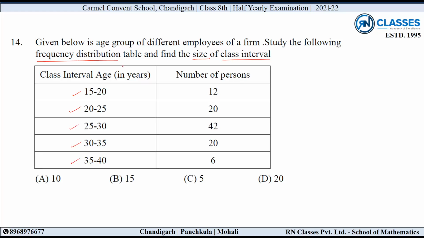We don't need the frequency actually. To write the size, how will we use the class interval? Upper limit minus lower limit.